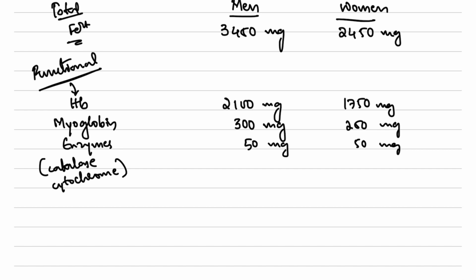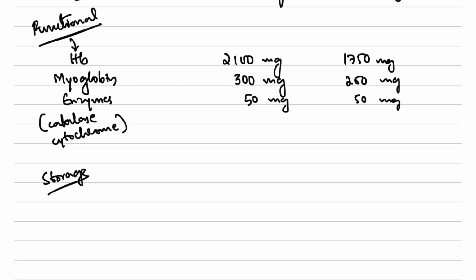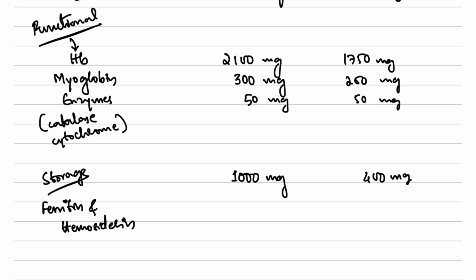After this functional iron we have storage iron. After all the functional iron, some storage is left in the body, and this storage is in the form of ferritin and hemosiderin. And how much is the quantity? In men almost 1000 mg is stored, and in women it is only 400 mg. Now you'll ask me why only 400 mg. This is because they lose most of it during menstruation.